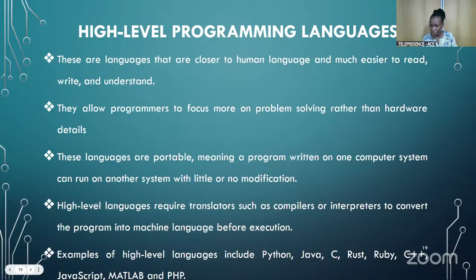We are going to get into many of those. Examples of high-level languages are Python, Java, C, and the likes. We are very conversant with that. Most of us are programmers, and one way or the other we've used one or two of these programming languages or even more. So these are high-level programming languages.